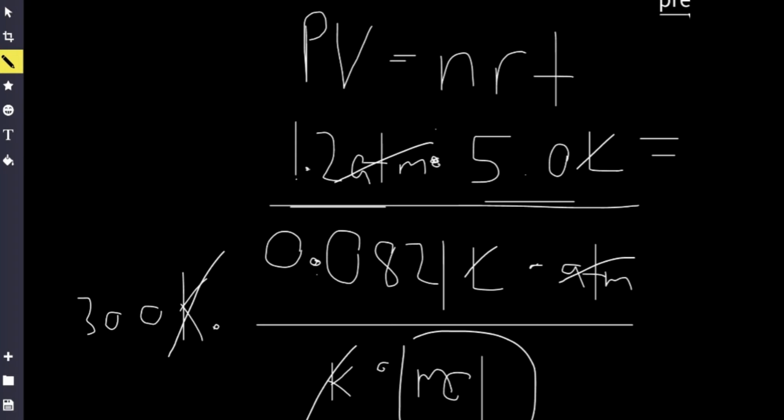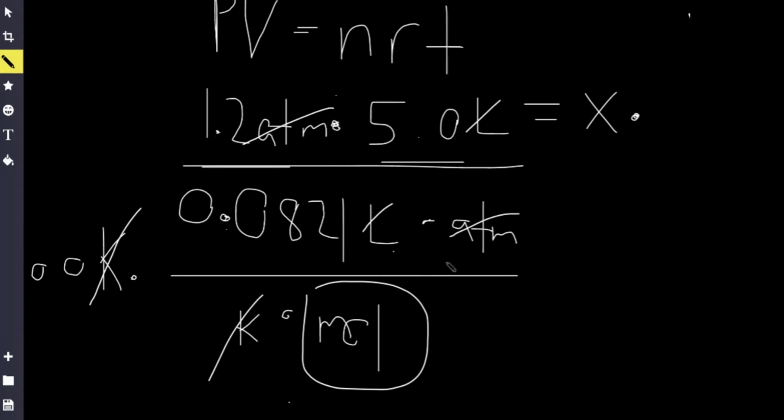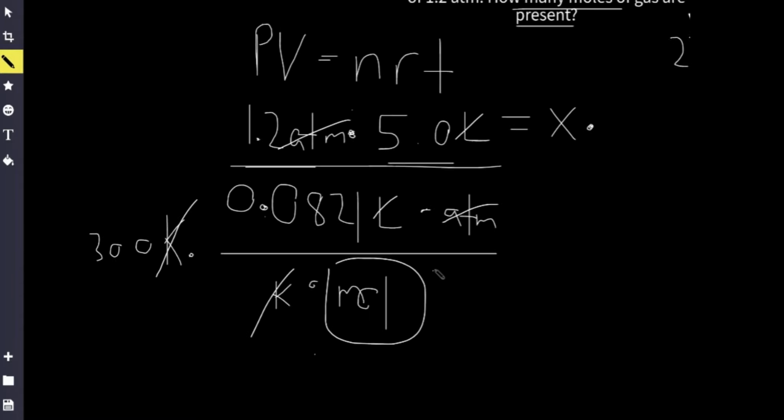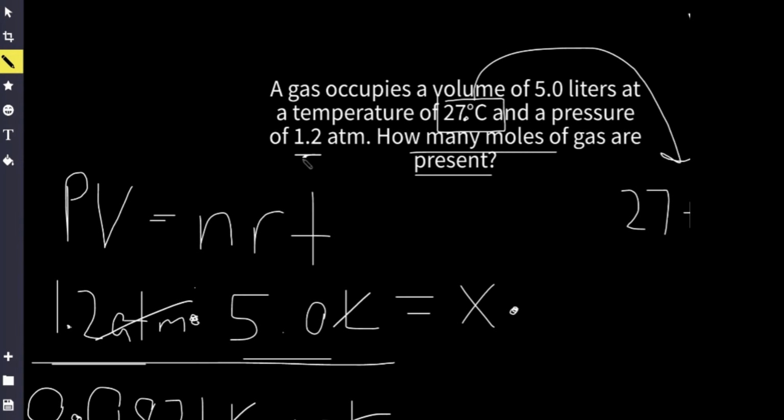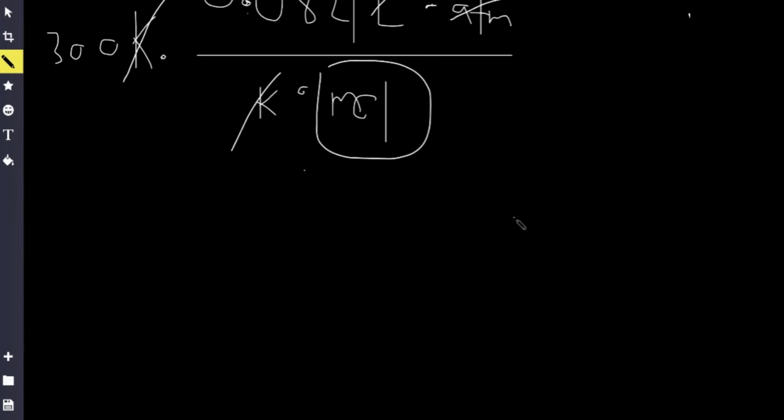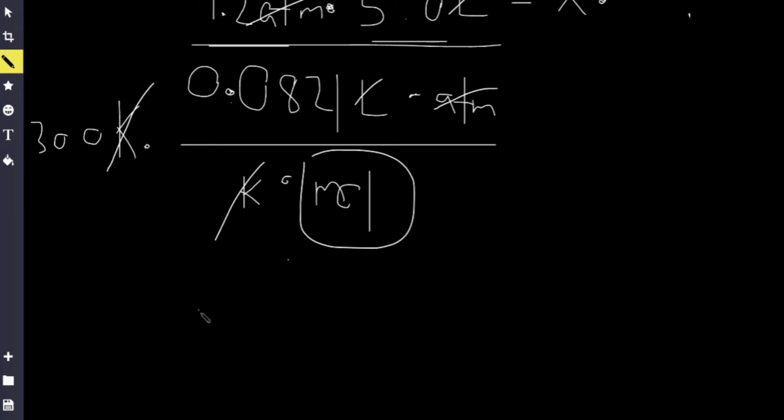So 1.2 times 5, which is 6, divided by 0.0821 times 300. When you plug all this into your calculator, I'm going to round to 2 digits because we have 2 significant digits in all of our given information.